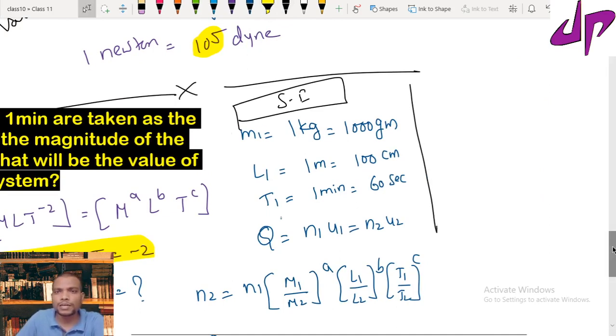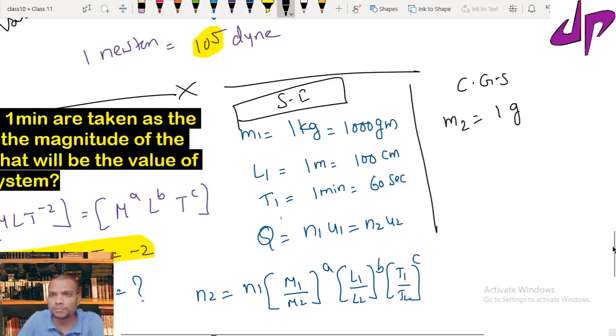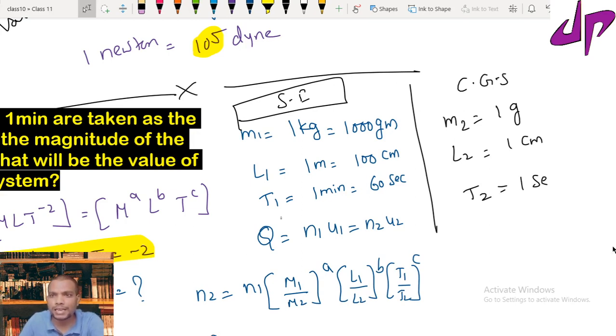The same quantity in the CGS system: M2 becomes 1 gram, L2 becomes 1 centimeter, and T2 becomes 1 second. That becomes CGS units.